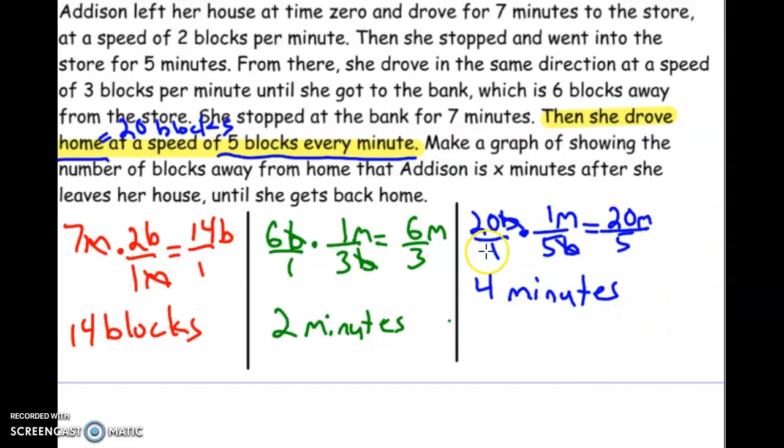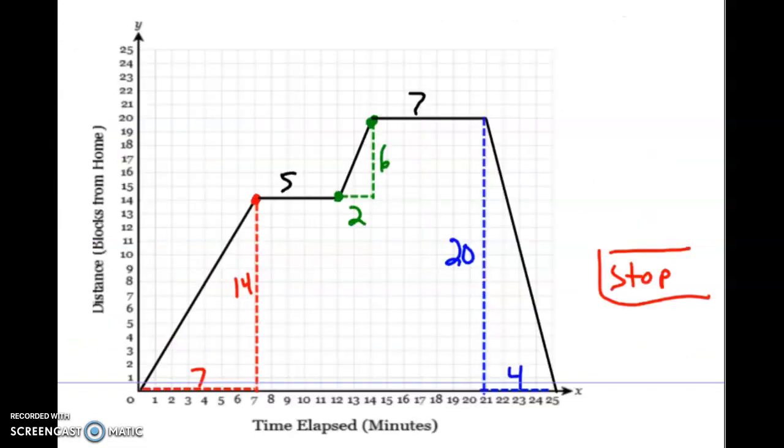So it took her 4 minutes to get home. We're going to go down 20 blocks and to the right 4 minutes. All right, so there it is. We go down 20 blocks and then to the right 4 minutes.